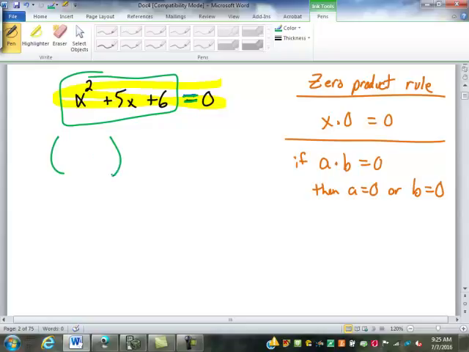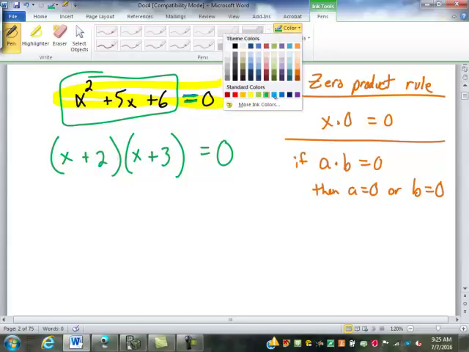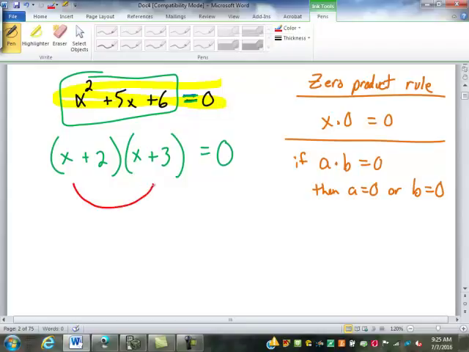So if I look at this, x squared, of course, is going to be x times x. To multiply to make 6 would be +2 and +3. Is that what we want? Yeah, on the outside, x times 3 is 3x. On the inside, 2 times x is 2x. That adds up to 5x. That's what we want. We factored that.